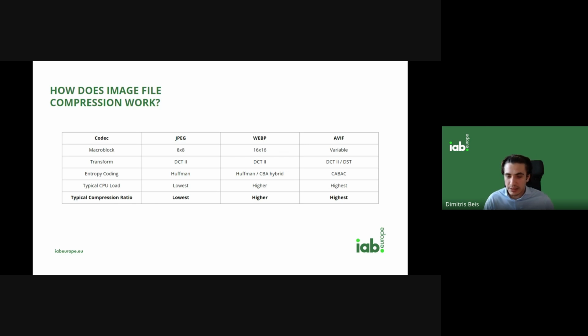It takes 16 by 16 areas of the image, and also more complicated entropy coding. And then AVIF has an even more complicated transform with a sine transform, and then even more complicated entropy coding. That's why it delivers better results a lot of the time than the other two, but also consumes more CPU. And this is important because for AVIF, for example, hardware acceleration is not really a thing yet for a lot of devices.